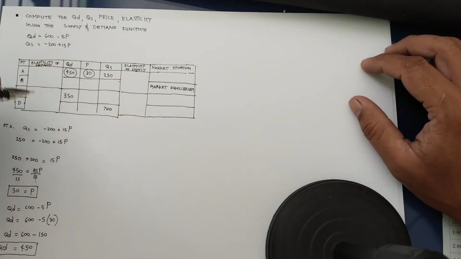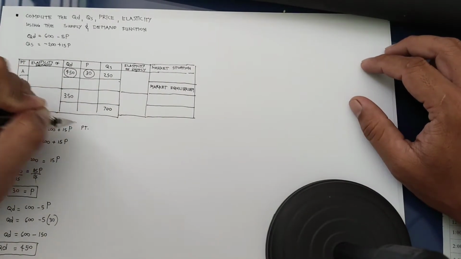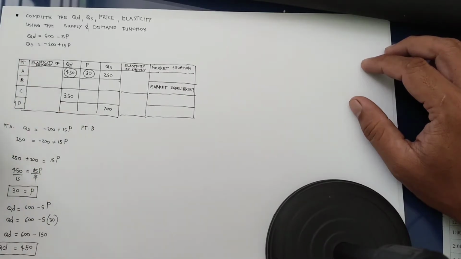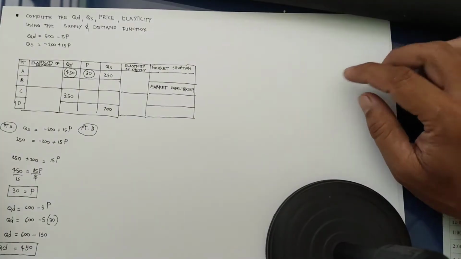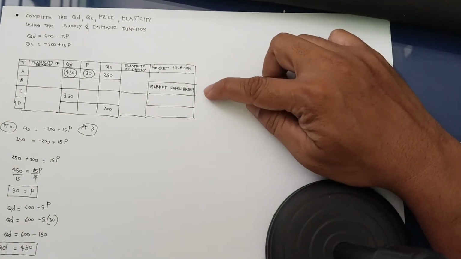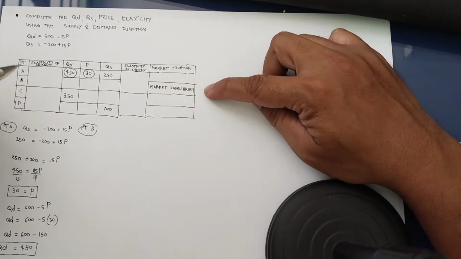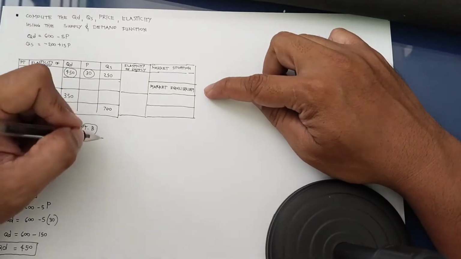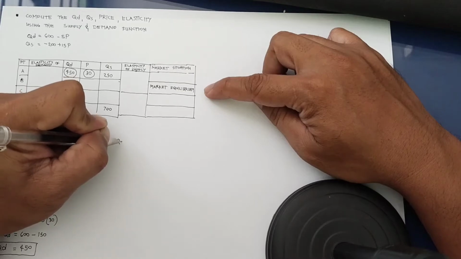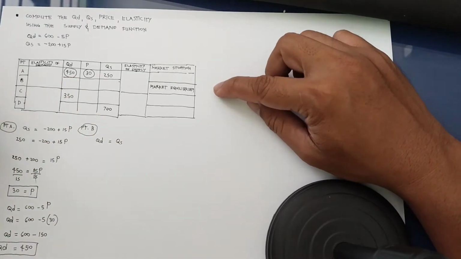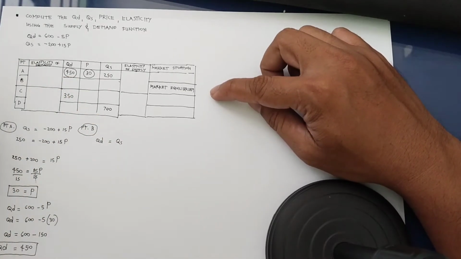Okay, so next is point B. So point A, then point B. Point B is market equilibrium. Since it's market equilibrium, we are going to use the formula QD is equals to QS, to know the price first.